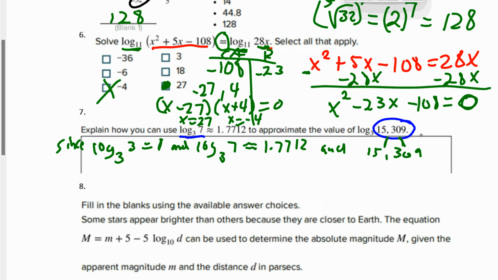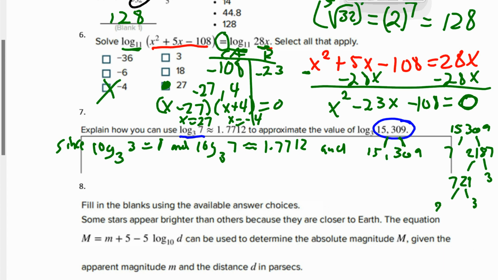15,309 breaks down to, let's make a factor tree. If I divide that by 7, I get 7 times 2187. I could break that down by a 3. Divide that by 3, we get 729. 729 kind of looks familiar, like some power of 3.